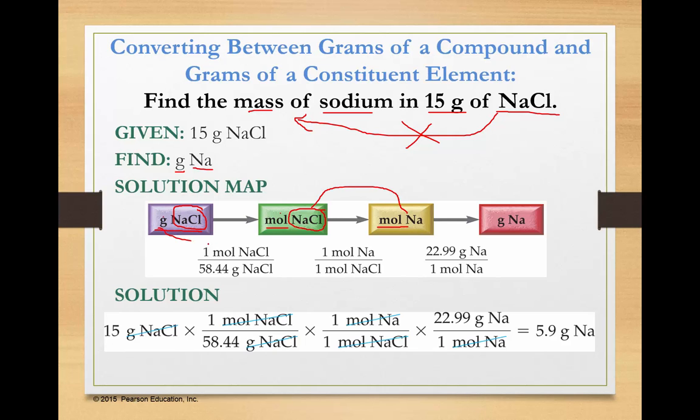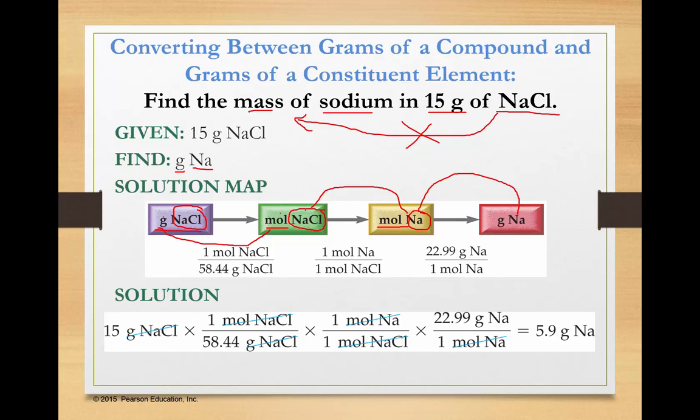So here I changed units. Now I'm going to keep the units, mole and mole, and then change the species, changing to sodium. Once I've done that, I am going to keep the species again and change the unit. So moles to grams of the same thing, of sodium.